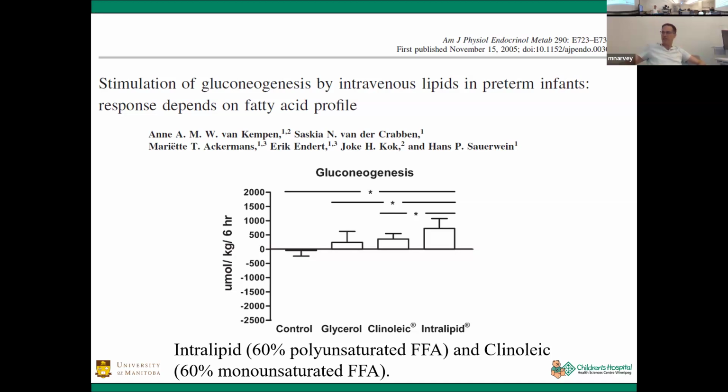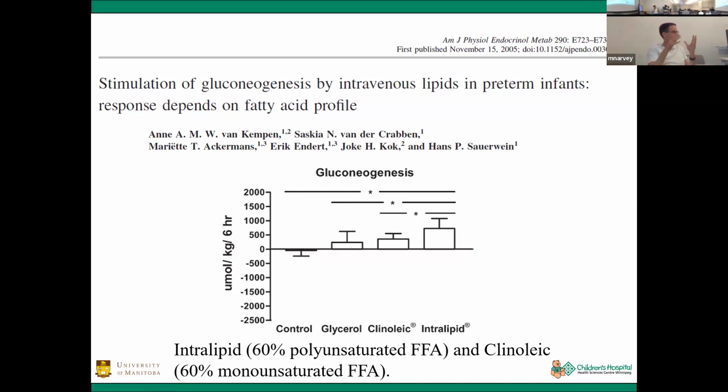So they did this study where they used a polyunsaturated free fatty acid, which is Intralipid, something we're familiar with. Clinolipid is a monounsaturated, and glycerol is just one of the precursors of glucose. And what they found, when they looked at measures of gluconeogenesis in terms of micromoles per kilogram per hour of glucose production, was the greatest increase with Intralipid.